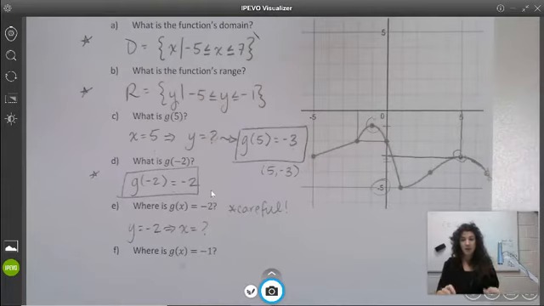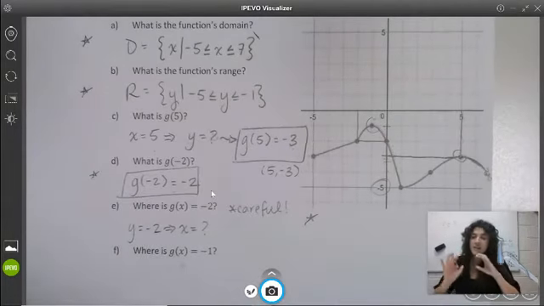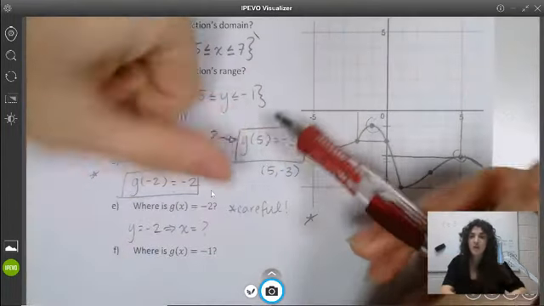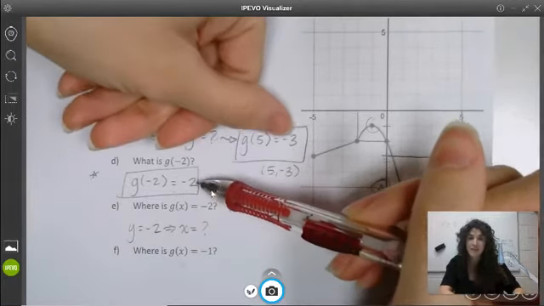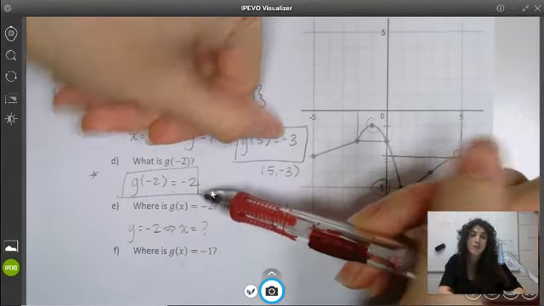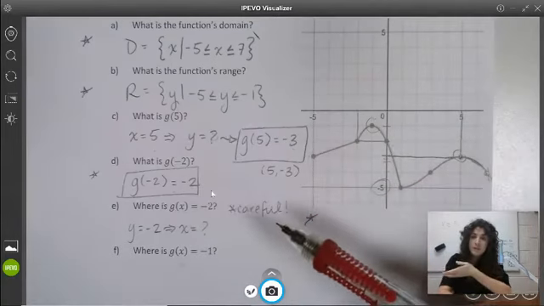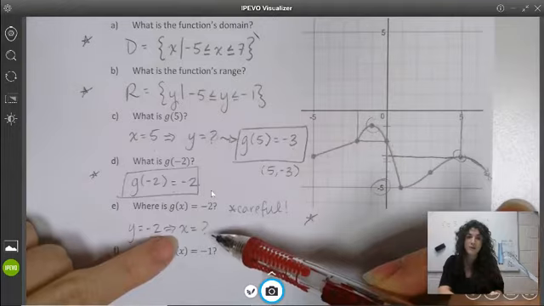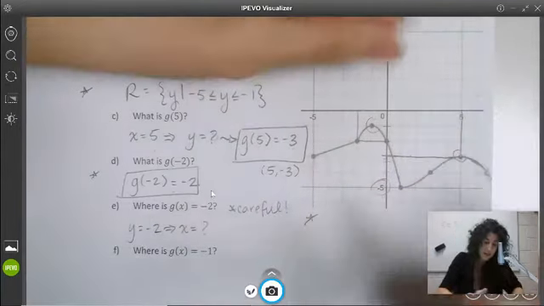Because remember that a function is, for every input, you have exactly one output. So for every input that we've had, g of 5 and g of negative 2, there's always been exactly one output. But that rule is not the same flipped. You can have multiple inputs that give you the same output. Because I could write negative 2 here, but that's not the only answer.